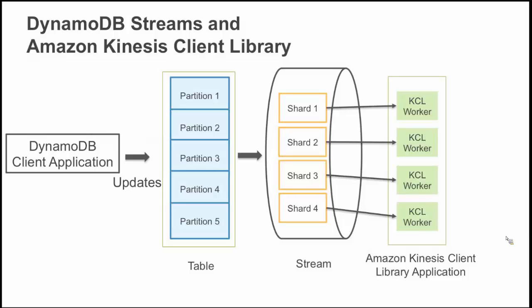The KCL application also maintains some configuration tables, and loads the data into those tables to identify where it is in processing the stream. So if the KCL app that you have built to process the stream data falls over and comes back online, it will read those tables and understand which stream items it processed across which shards, and it will be able to resume processing of the data on the stream in the right order.